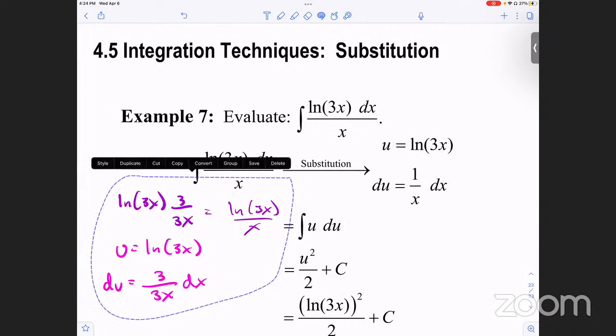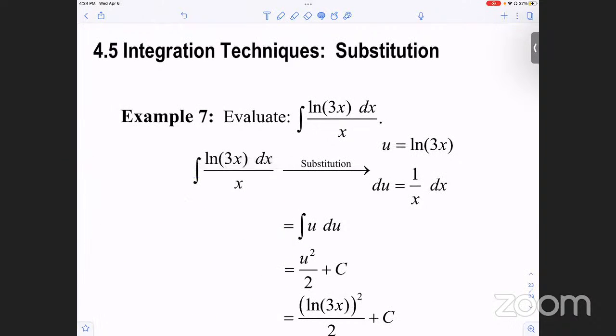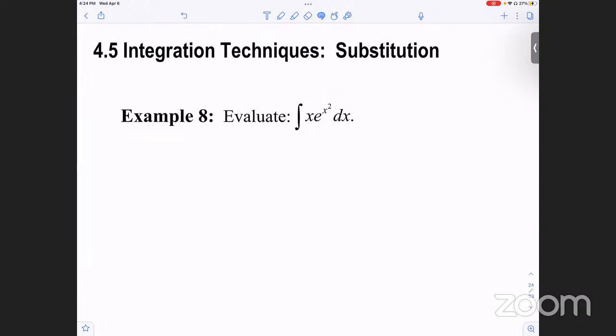I like to leave those because you need to be aware of some of the challenges and pitfalls and how these things can go. Let's try another one. Okay. What if that was our u? Let u be x squared. Right? It's going to be 2x. Don't have a 2x dx, so we need to adjust this.